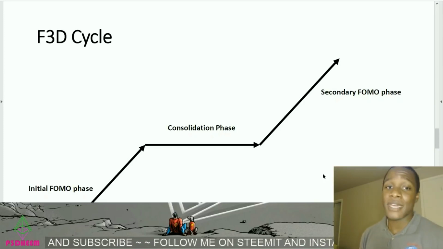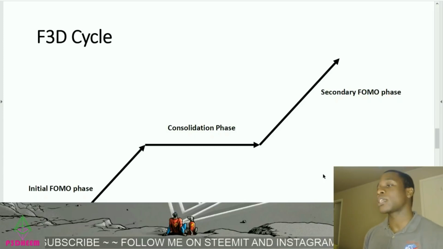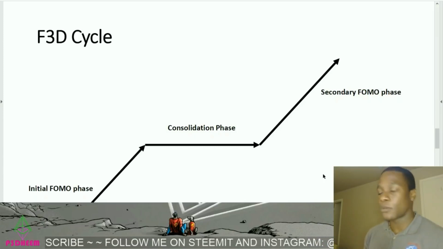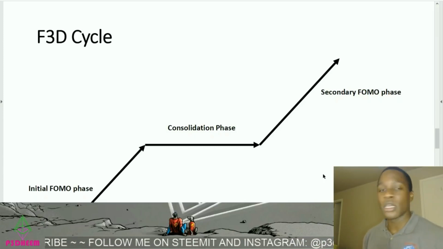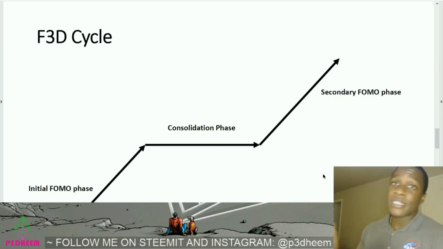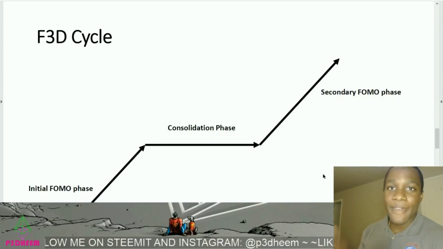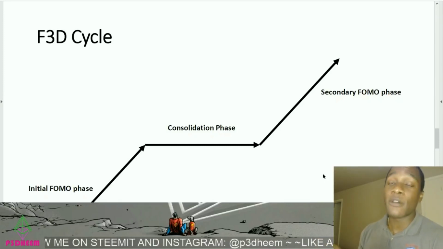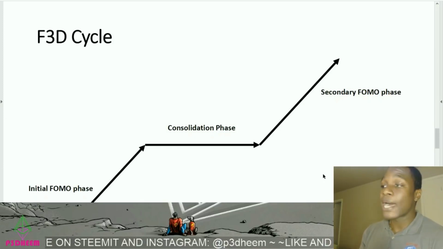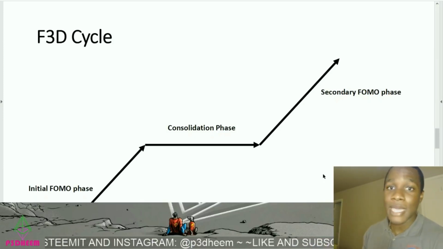The consolidation phase is almost depleted, so you'll start to see the initial FOMO stage morph into the secondary FOMO stage because of the quickened rounds. And I think the cycle will just keep repeating over and over, because there will always be interest in F3D because of the pot carryover system that I talked about before. The pot carryover system ensures that there will always be somebody playing these games.